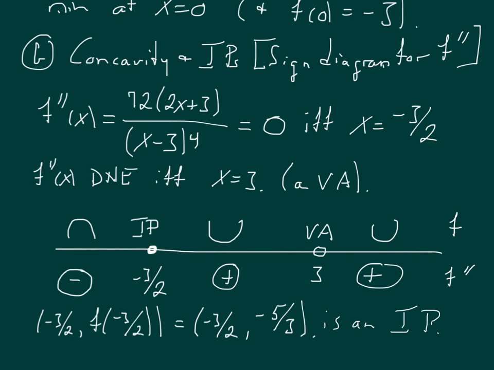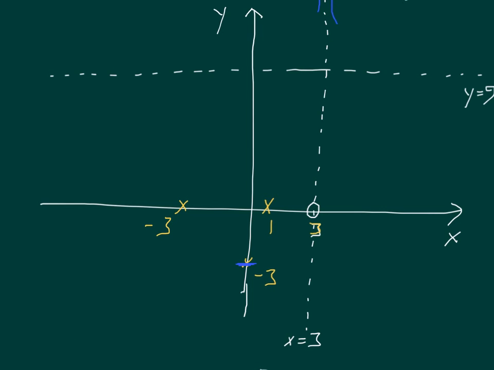Alright, so heading up to the top now. As we said, the point minus 3 halves, so for minus 3 halves, it should be right there, halfway between minus 3 and the y-axis, and minus 5/3, which is a little more than partway down, halfway down to minus 3, so right around here.